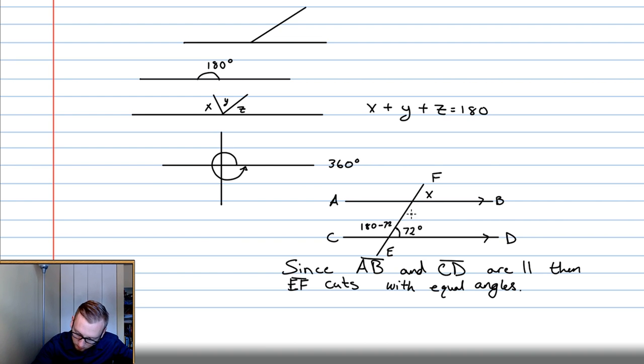Oh, look. This would be the exact same. We could say the opposite angles between the two are the same. This is 180 minus 72. This is 180 minus 72. Which then gives us this to be 72 degrees.